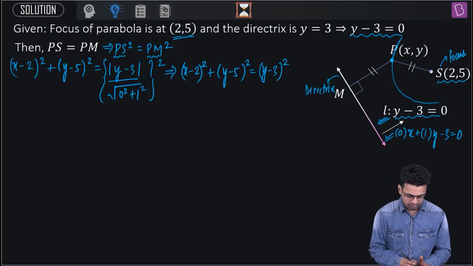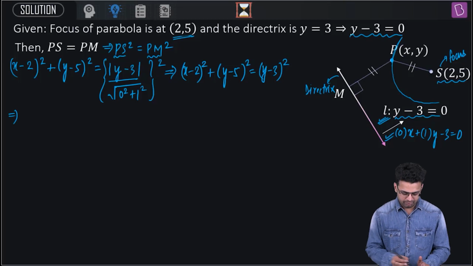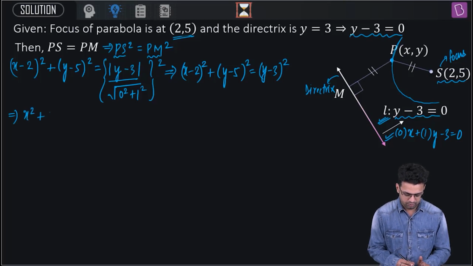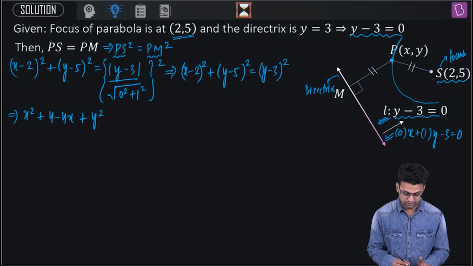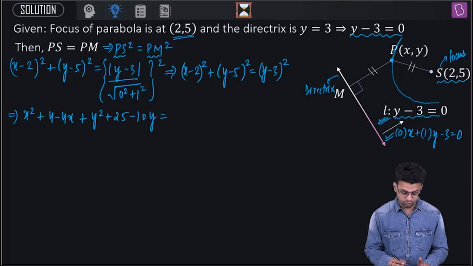Okay. On simplifying further, (x minus 2) whole square can be written as x square plus 4 minus 4x, plus (y minus 5) whole square can be written as y square plus 25 minus 10y, is equal to (y minus 3) whole square, which can be written as y square plus 9 minus 6y.